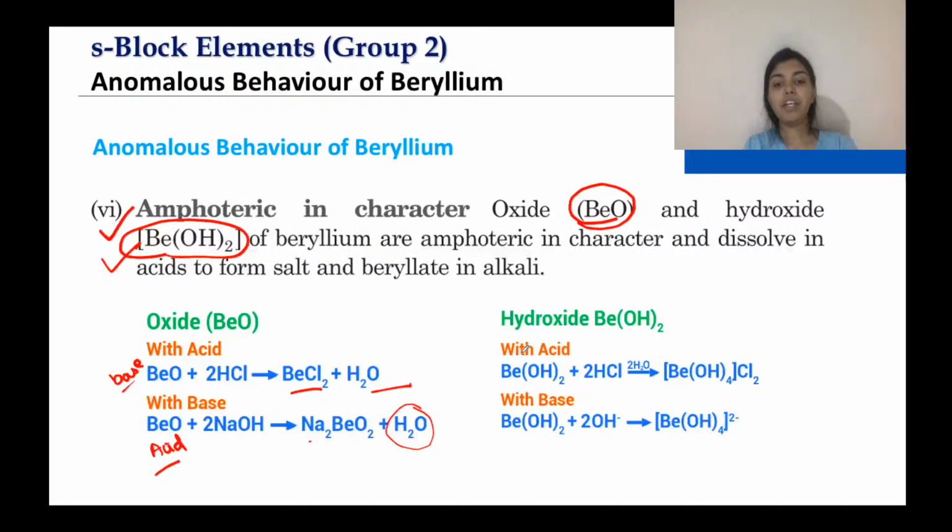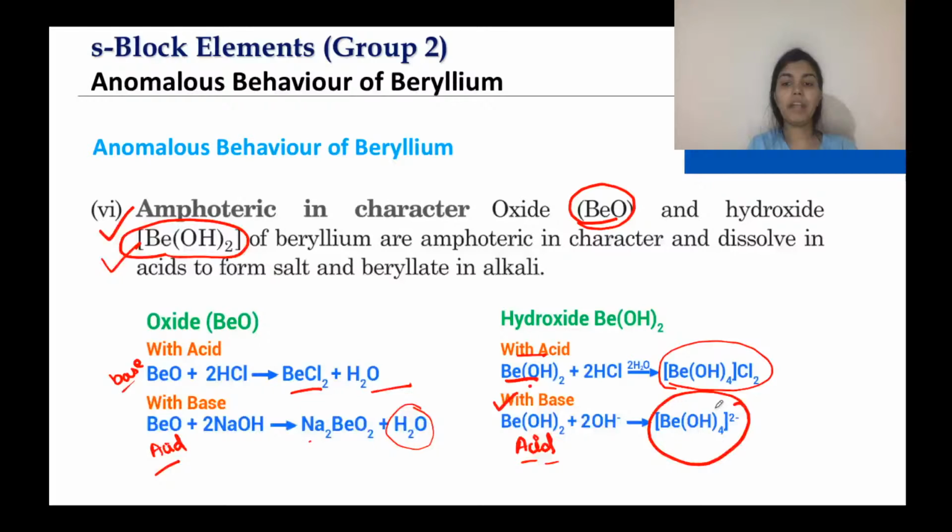Here, with acid, beryllium hydroxide behaves as a base and will form the berylate ion, that is Be(OH)4 Cl2, and then with base it reacts like an acid and again it forms a berylate ion. So basically beryllium oxide and beryllium hydroxide both are amphoteric in nature.